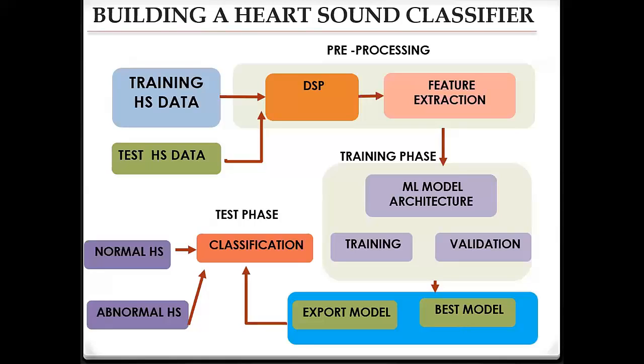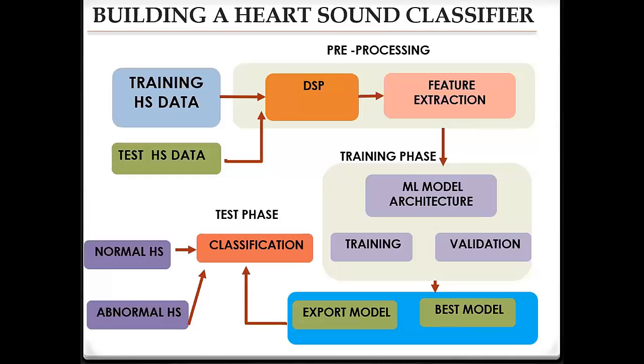Then perhaps you already have a digital stethoscope somewhere. Now you can test your model on this patient data that is coming, of course with the consent of the patient, because this becomes problematic.